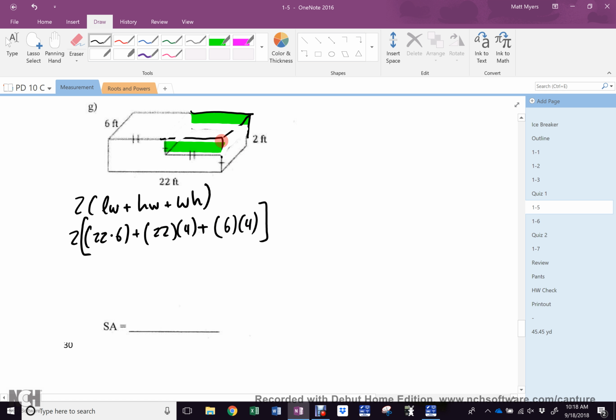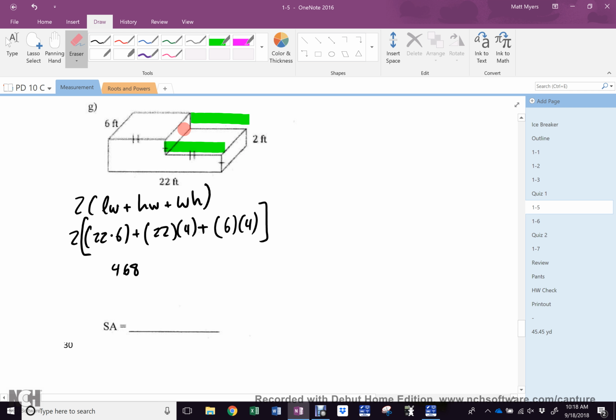Does everybody see what I did there? 2 and 2, because these are the same. Okay? Does everybody see what I did there? And if I do that, I get 468. Right? Everybody with me? Everybody cool? Okay. That's if this was one whole prism, isn't it? But it wasn't, was it? Why did I draw that green?